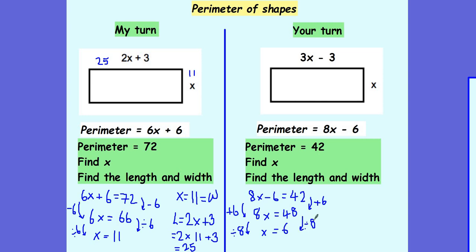But that's not my final answer. My width is just x. So my width is 6. But my length is 3x take away 3, which in this case is going to be 18 take away 3, which gives me 15.